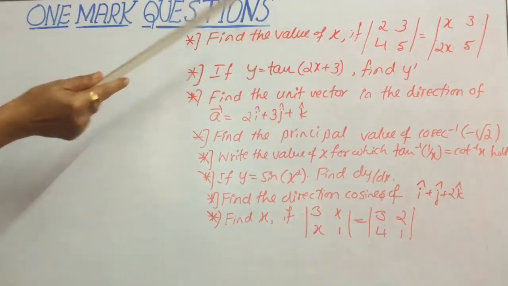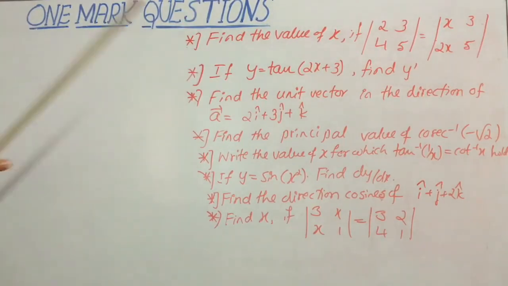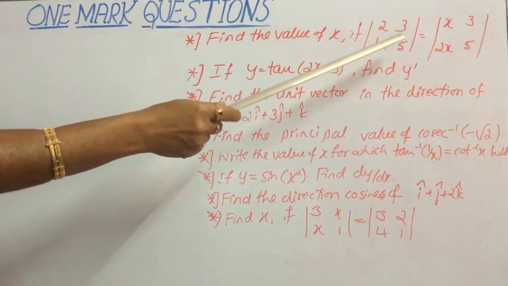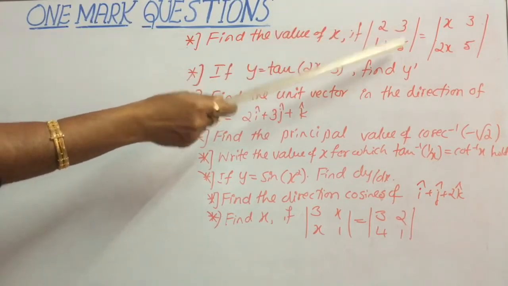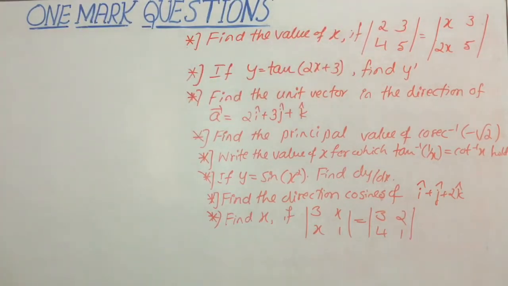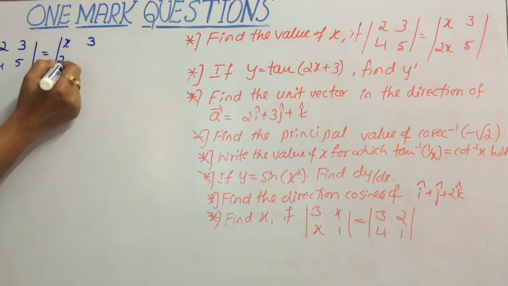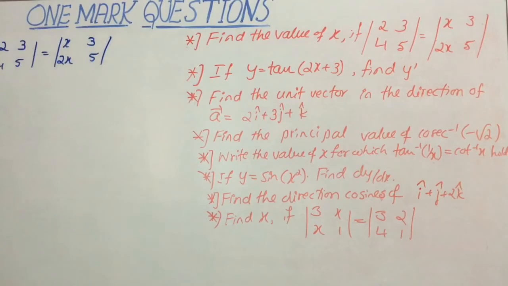Find the value of x if the determinant 2, 3, 4, 5 equals another determinant x, 3, 2x, 5. So consider the determinant 2, 3, 4, 5 equal to the determinant x, 3, 2x, 5.